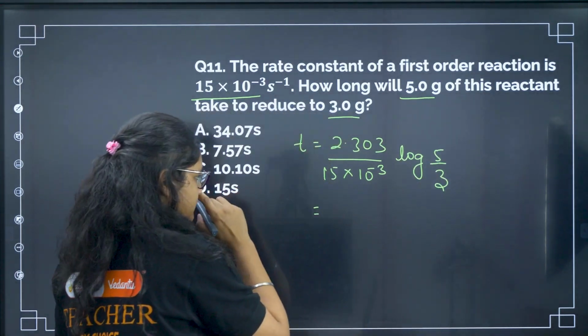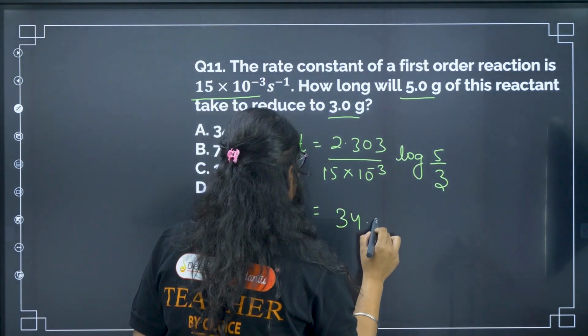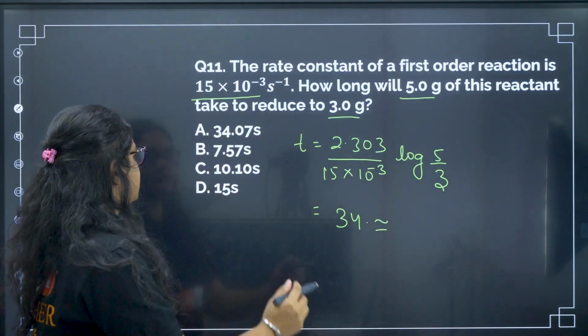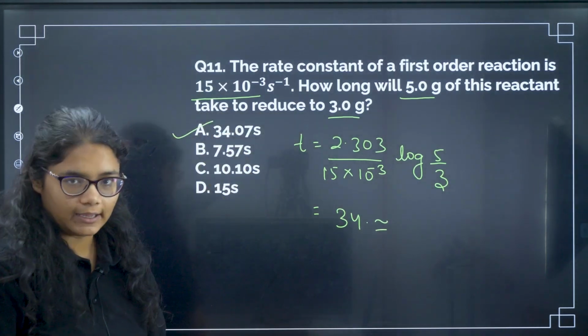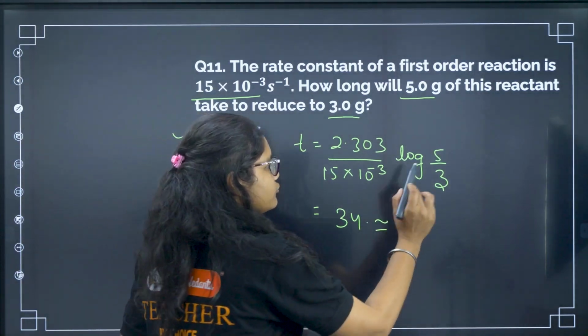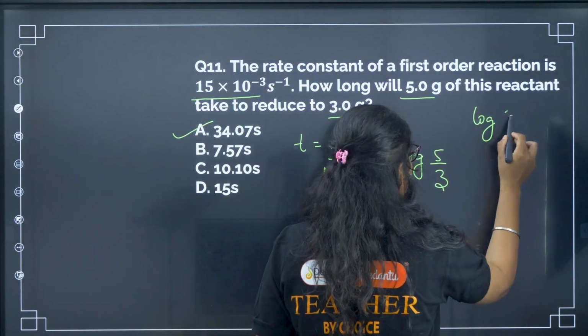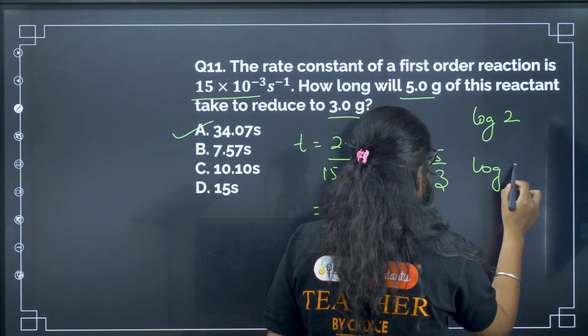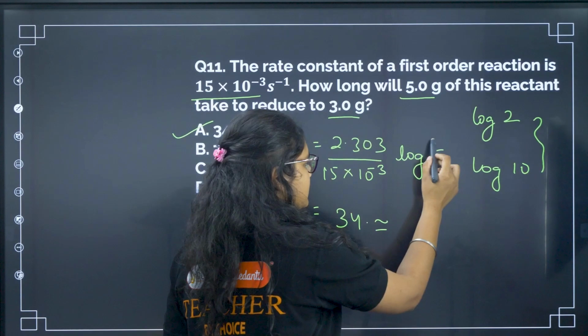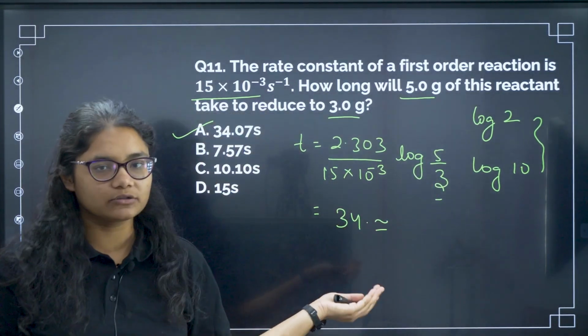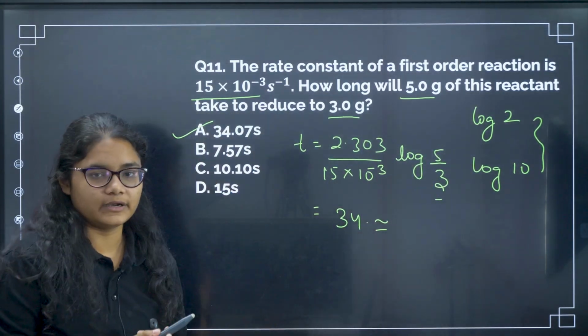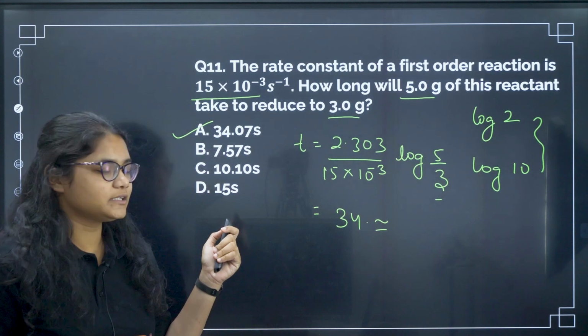So if we solve this one, the answer we'll be getting is 34 point something. So the correct answer for this question will be option number A. Here you should know these values, log 2 to log 10. If you remember, you can easily solve this one. Log 5 minus log 3, we can substitute and calculate. Okay, so please check the calculation.